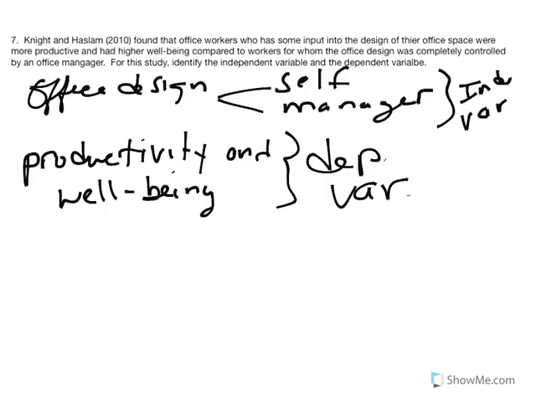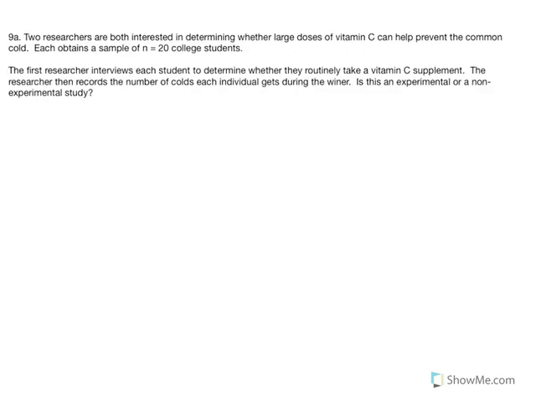Again, these variables would need to be operationalized, which means that we would have to find a way of measuring productivity as well as well-being. So there are many measures, scales of measurement that we could use to do that. All right, let's move on to the next one.